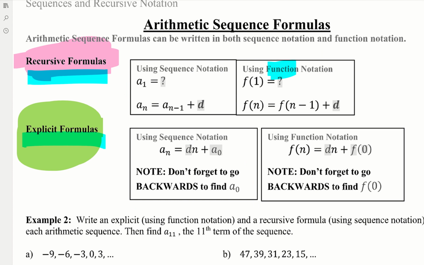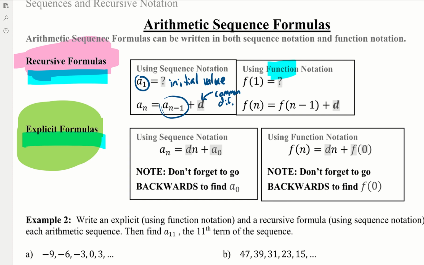Okay, so when we're using sequence notation of recursive formulas, you want to find your initial value. That is something you want to find. You want to then find your common difference. And this n-1 is the initial value minus 1.